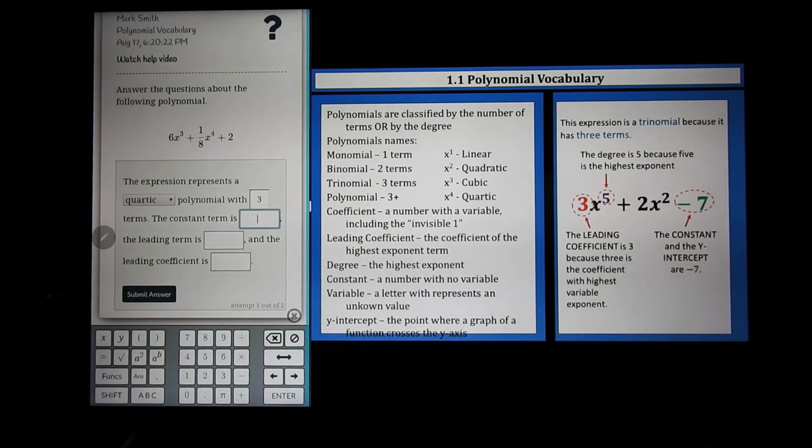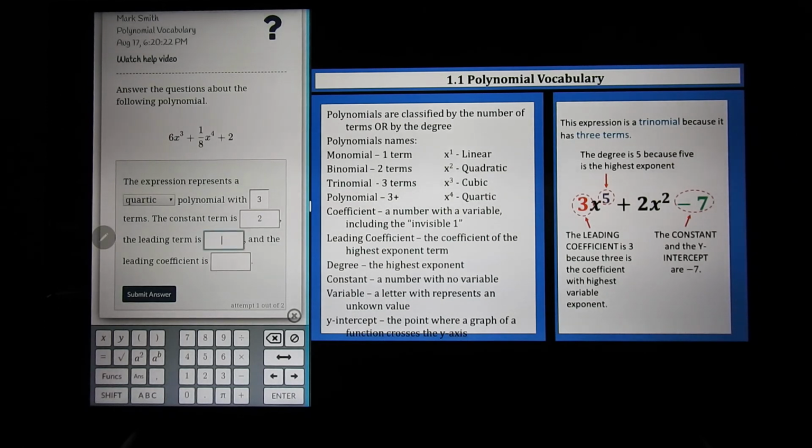The constant is a number with no variable. Well, that's the 2. And the leading term is the one with the highest exponent. Now this one's a little tricky because you would think, oh, it's 6, but it's not, because that's an x cubed, and the 2nd term is actually the leading term from a math standpoint, because it has x to the 4th.